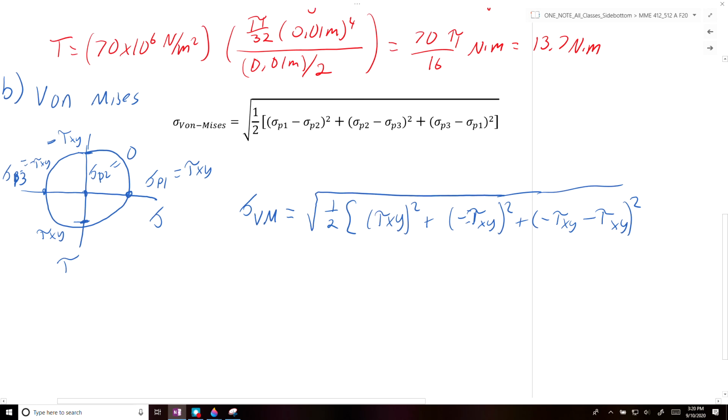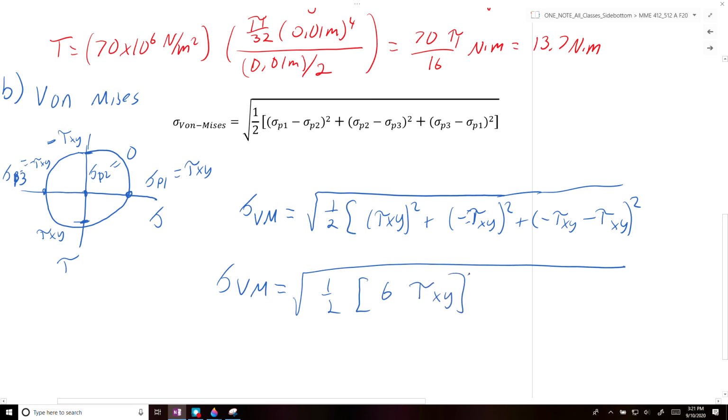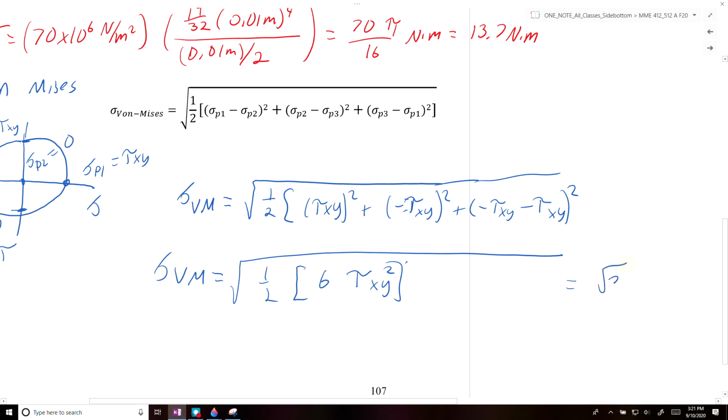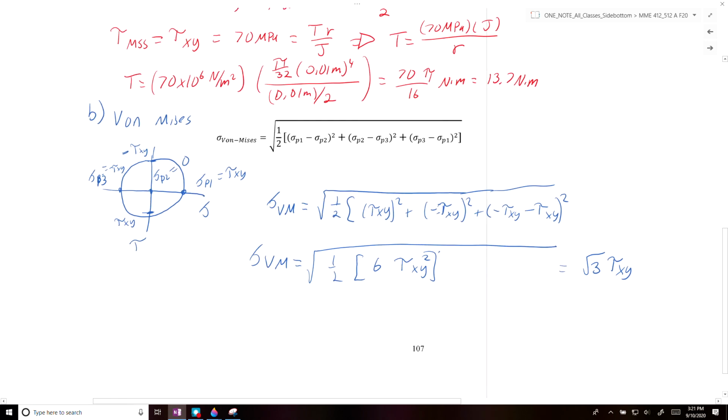If we evaluate all that, sigma von Mises is equal to the square root of 1/2 times 6 tau xy squared, which ends up being radical 3 times tau xy.